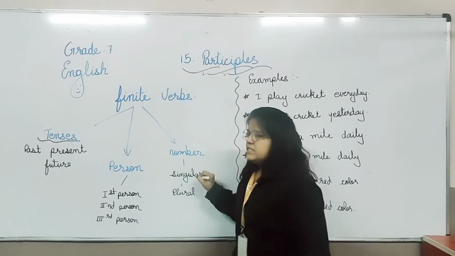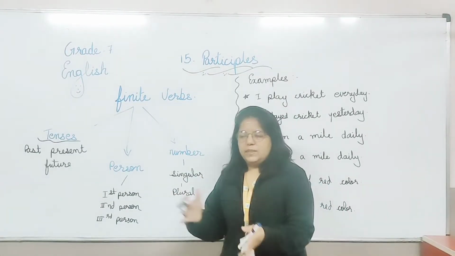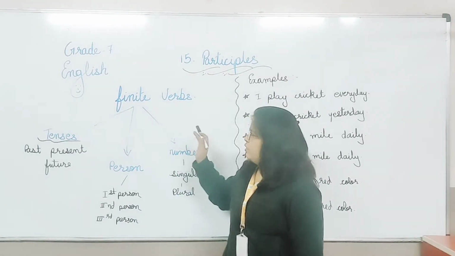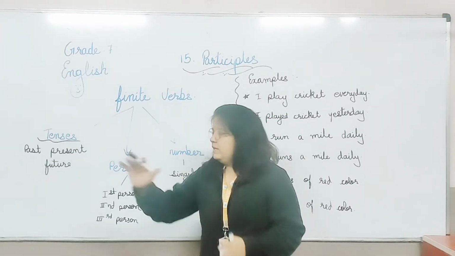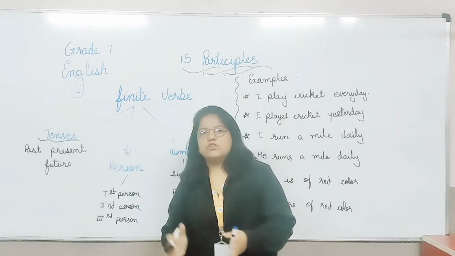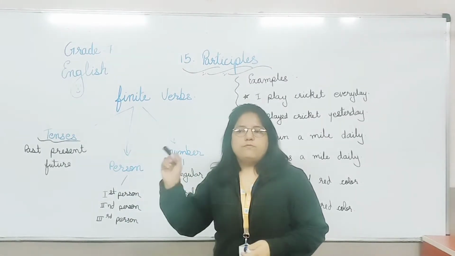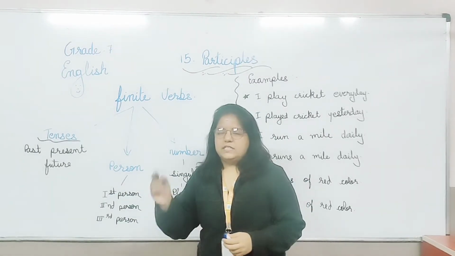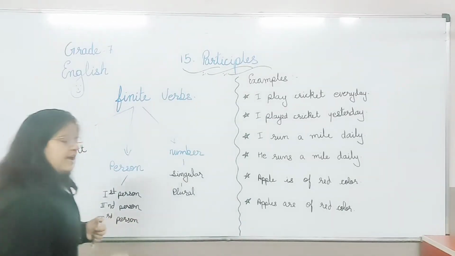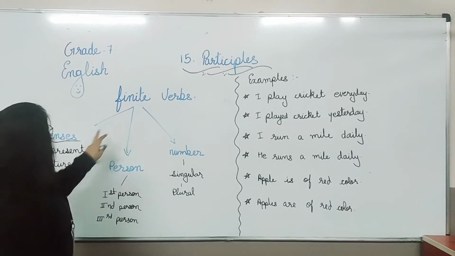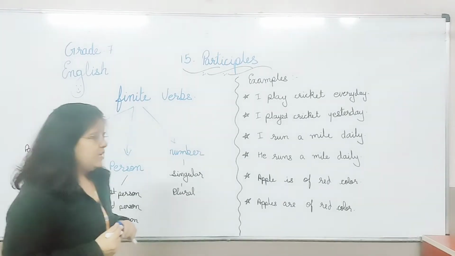And whenever a singular or plural subject is there, it will also change. The subject affects the verb. That's why finite verbs change. Now let's see it with an example. First we will take tenses.